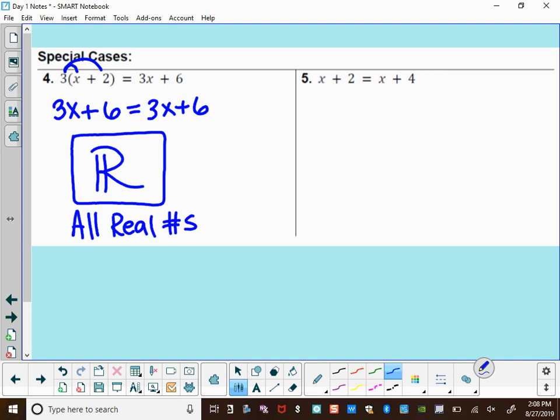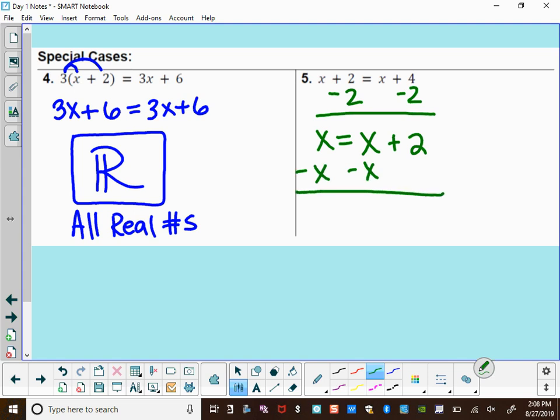Alright, take a look at number 5. I'm going to subtract 2. So I'm left with x equals x plus 2. I want to get my x to the other side, so I subtract x. What am I left with on the left side? x minus x? 0.